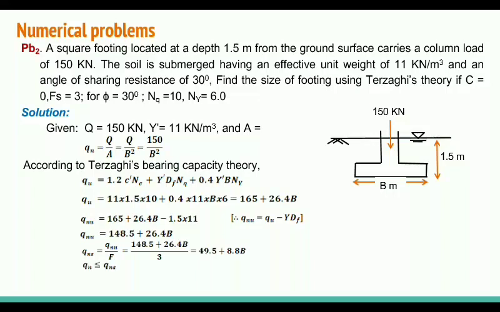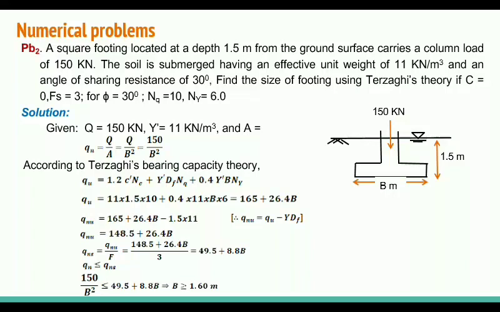For the design of a safe foundation, the pressure developed at the base of the footing should always be less than or equal to the net safe bearing pressure of the soil. So in this case, Qn will be less than or equal to QNS. We have Qn, 150 by B square, less than or equal to the expression we got for QNS.